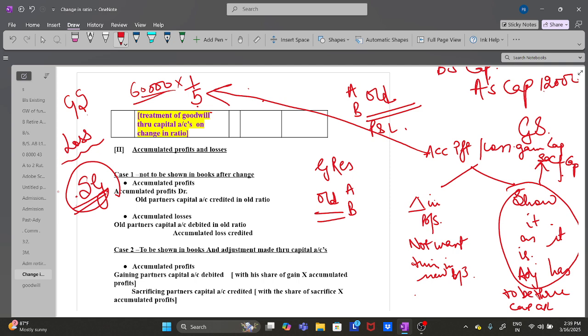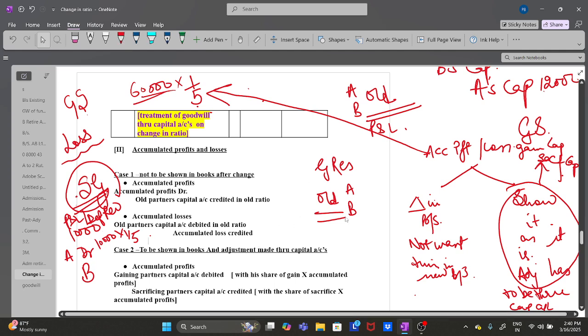That's the treatment. Let the P&L debit balance or deferred revenue expense be 10,000. Then in that case, A who is sacrificing gets debited, B who is gaining gets credited. Amount is 10,000 into 1 by 5. That's the accounting treatment of accumulated profits and losses.